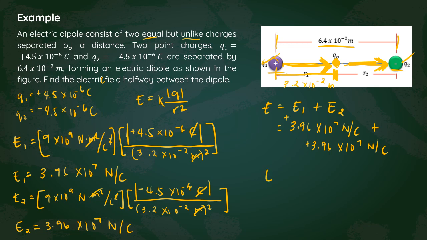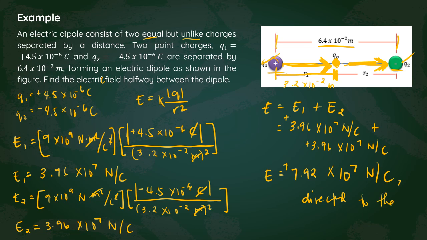So your total electric field experienced at the midpoint of the positive and the negatively charged particle is 7.92 times 10 raised to 7 newtons per coulomb, directed to the right.